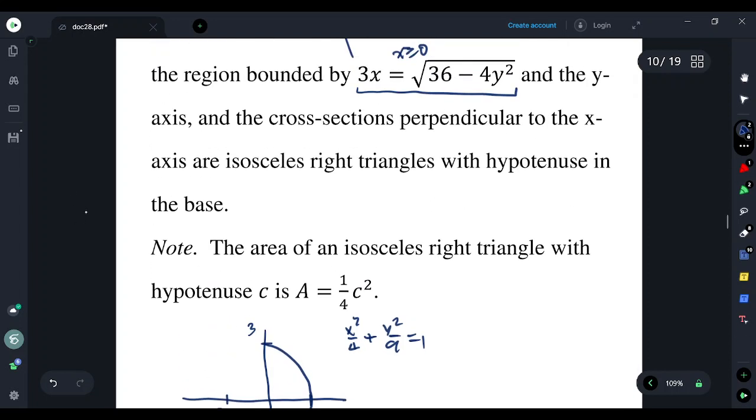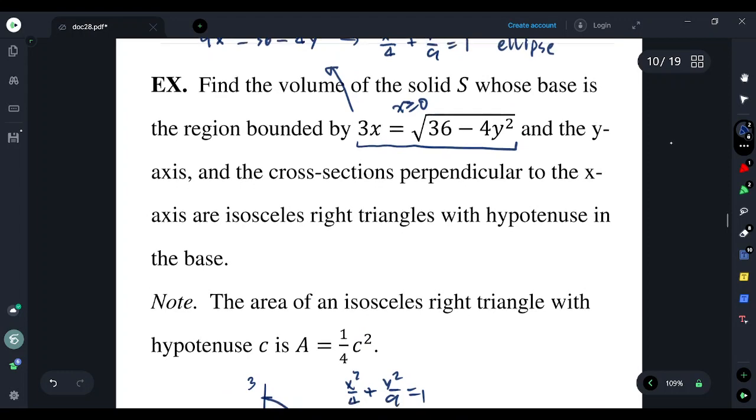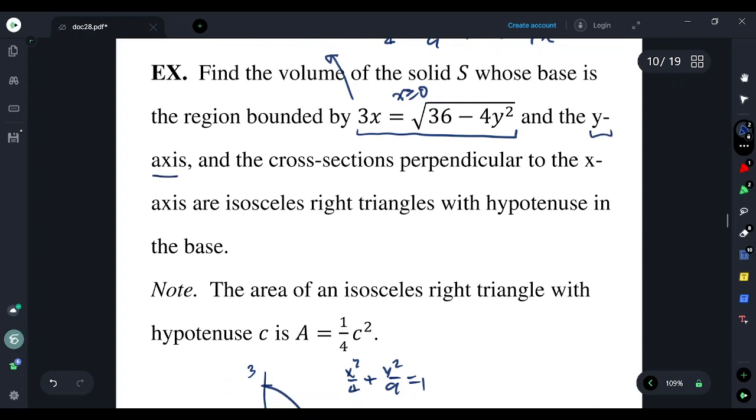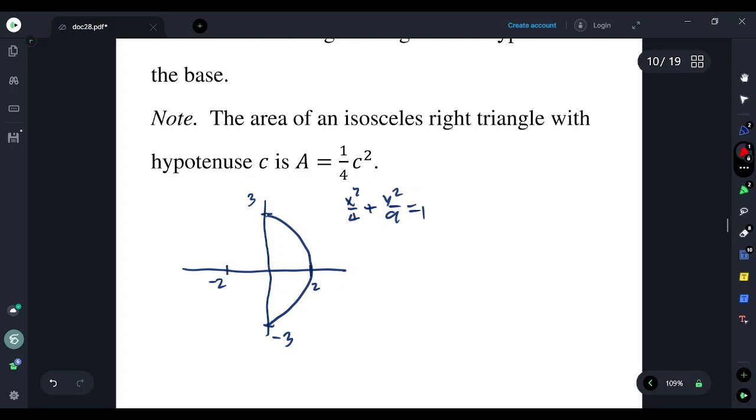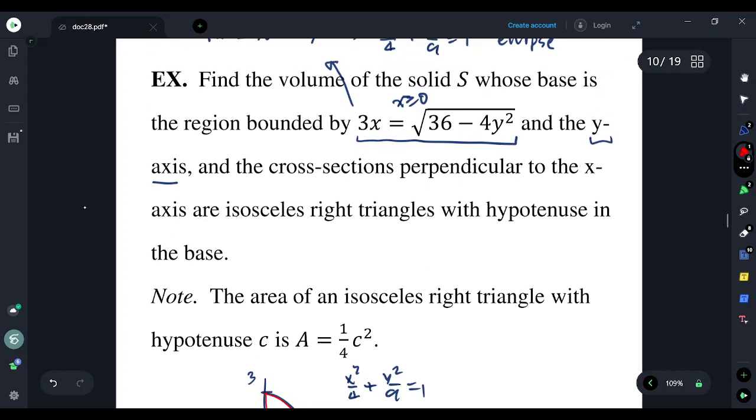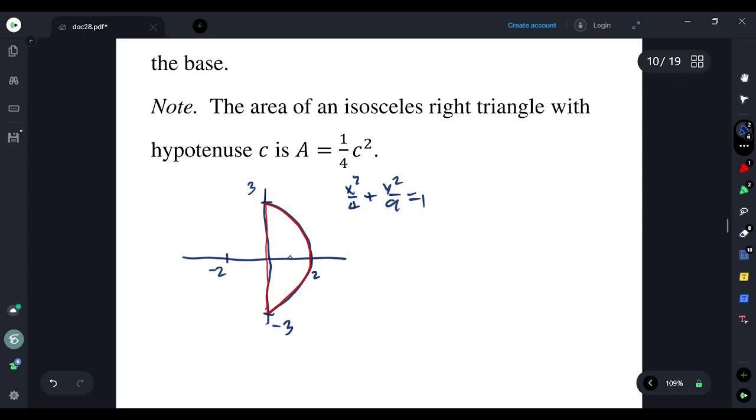Okay, so this is a graph of 3x equal to square root 36 minus 4y squared, and on the other side, the region is also bounded by the y-axis, meaning that the region is this part, right? Then it describes that the solid has cross sections perpendicular to the x-axis that are isosceles right triangles with hypotenuse in the base. So it means that when I take any x, we draw a cross section.